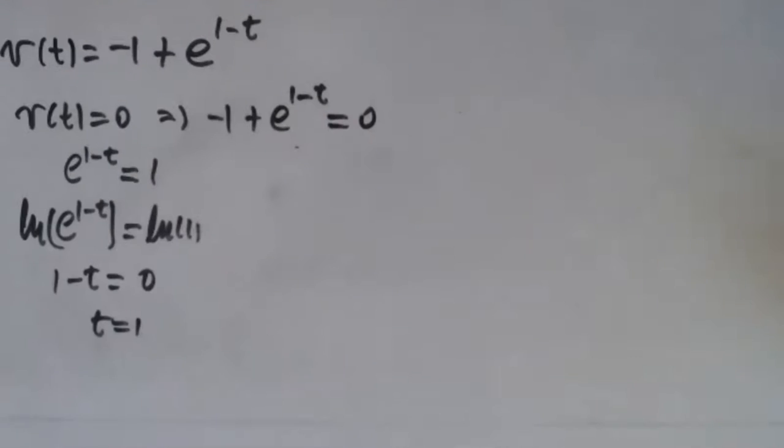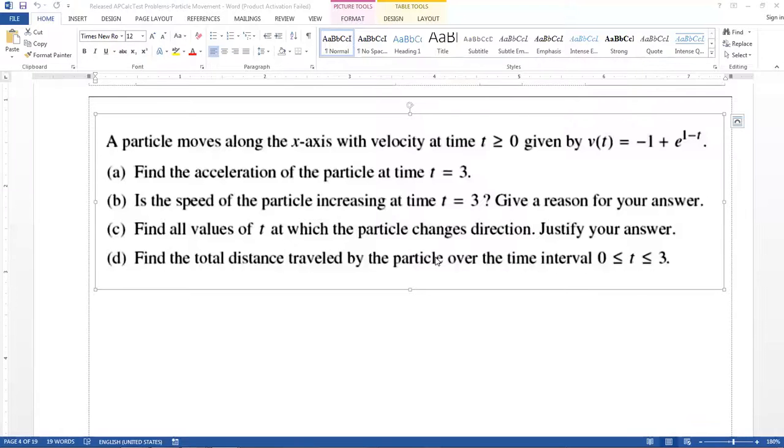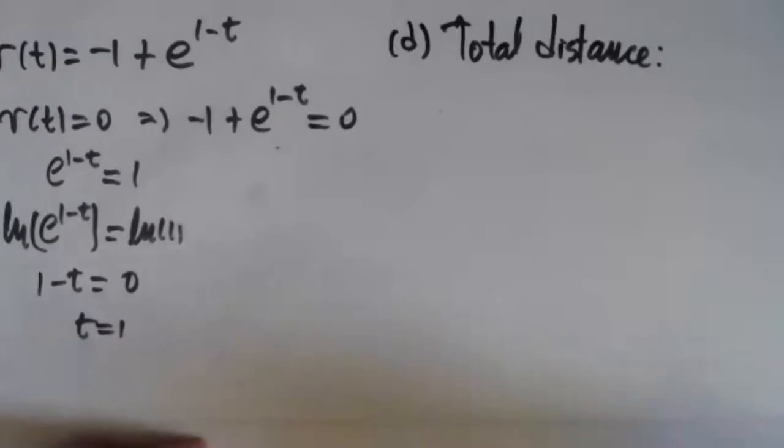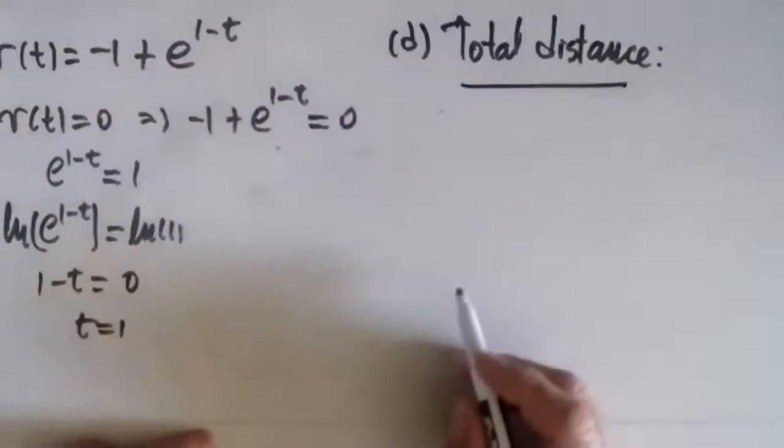Okay, last question here. The last is find the total distance traveled by the particle over the time interval 0 less than or equal to t less than or equal to 3, correct? So it's D, total distance. Okay, everybody remembers, you were here yesterday, what is the formula for the total distance?